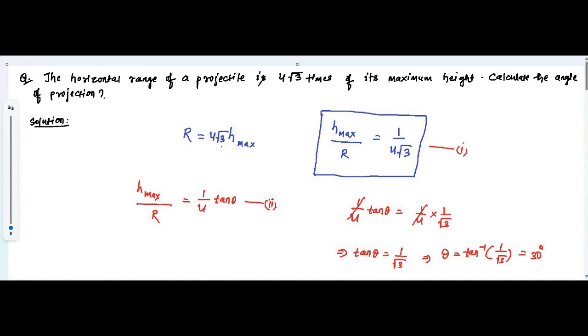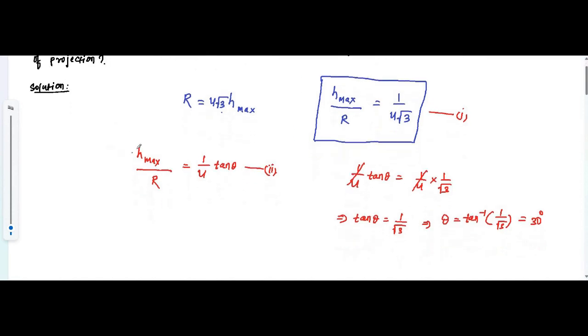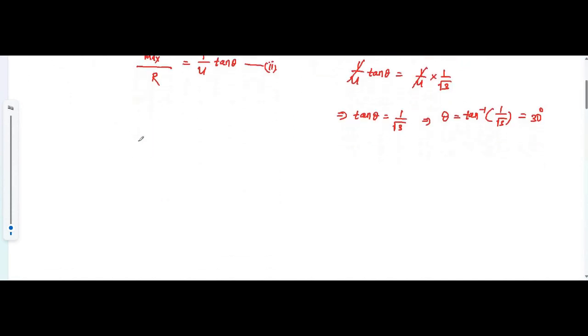But suppose you are not able to recall this relationship, then you have to go with the formula approach. You have to recall the individual formula, where maximum height H max is equal to u square sine square theta by 2g.